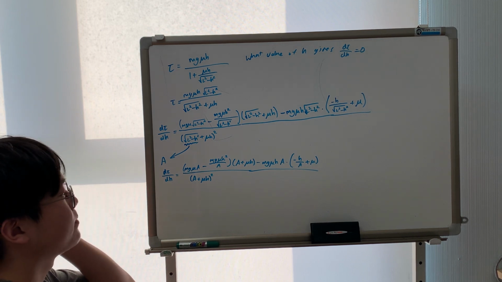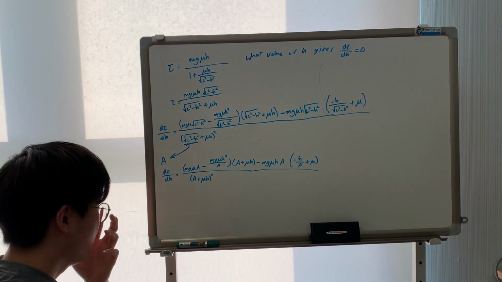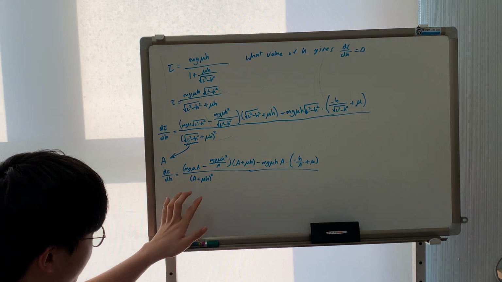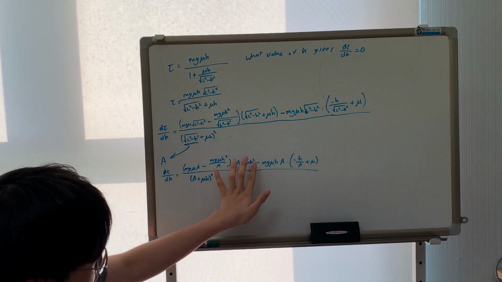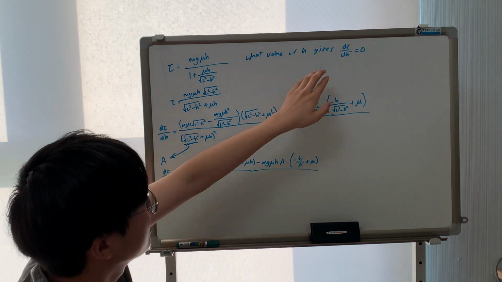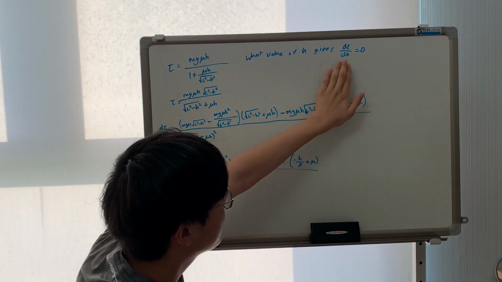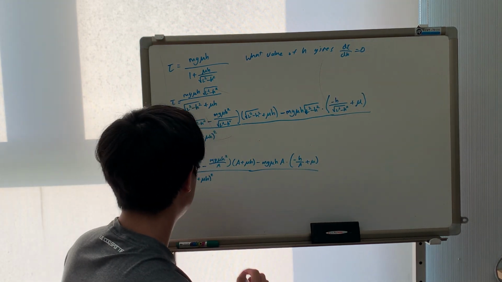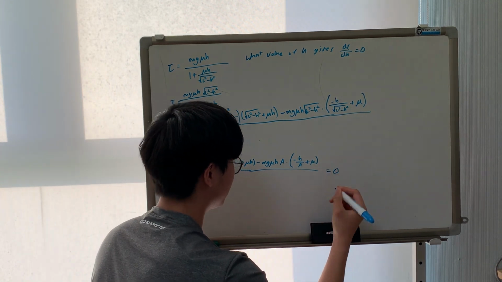That's what we have. And now we have a plus mu h here, a plus mu h here, none here. And what we're trying to find is what value of h gives d torque over dh equal to 0. So that here is going to be equal to 0.